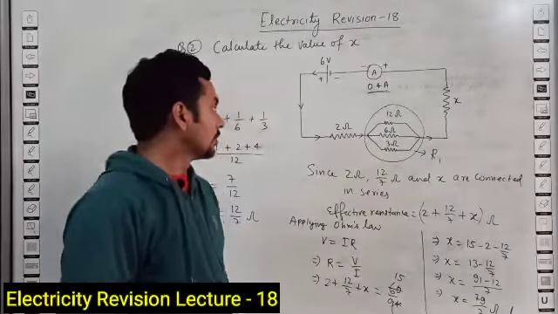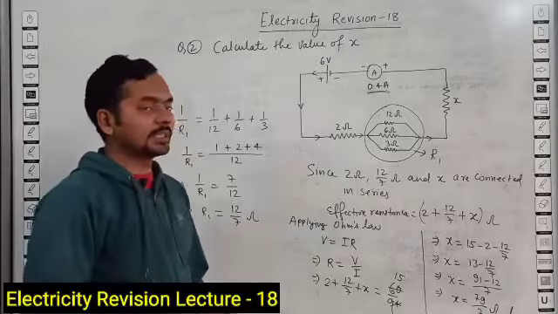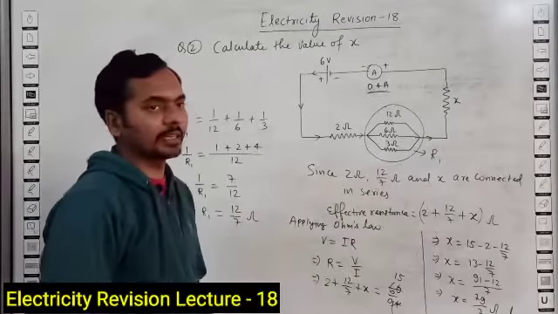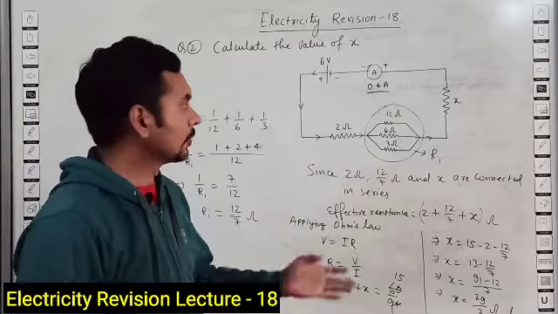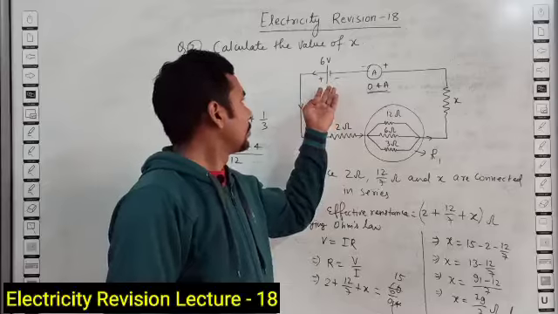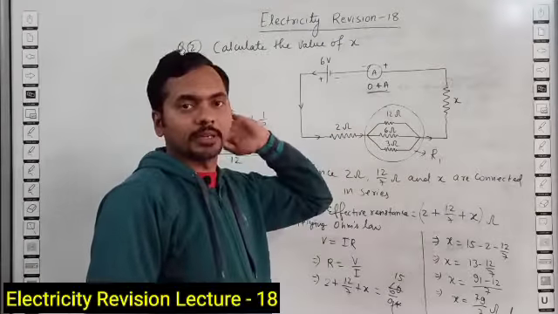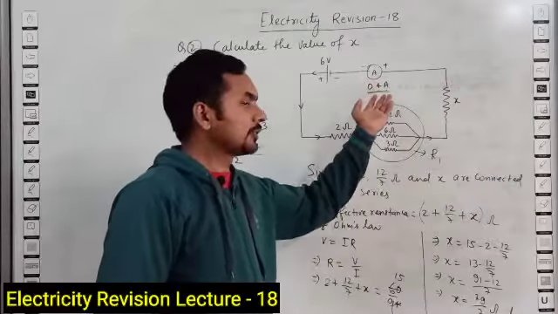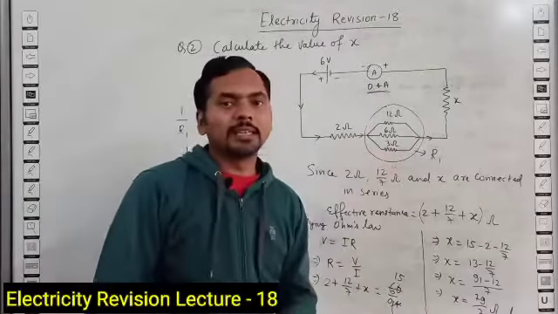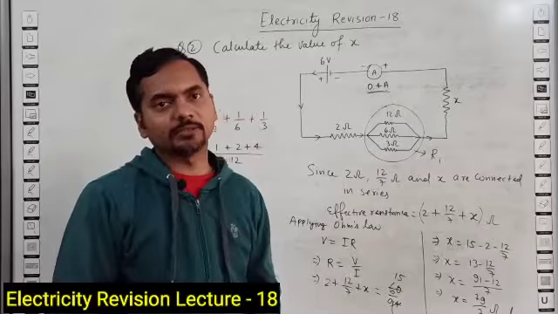We have to see the circuit diagram carefully before solving any questions. In this question, the overall potential difference is given, the current is also given, and there is no overall effective resistance given.